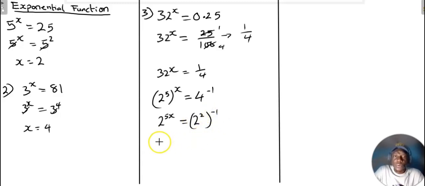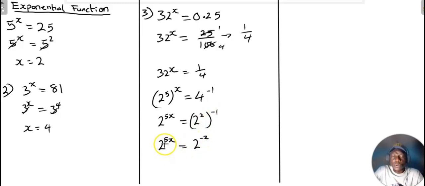Then you have 2 raised to the power 5x is equal to 2 raised to the power 2 times minus 1, which will give you minus 2. So you have 2 raised to the power minus 2.